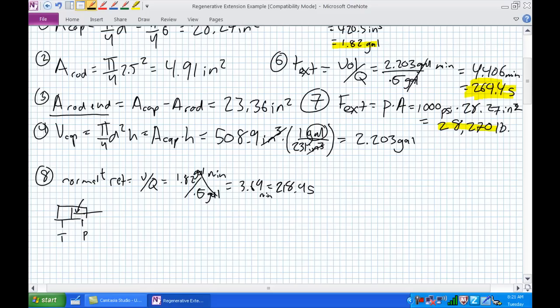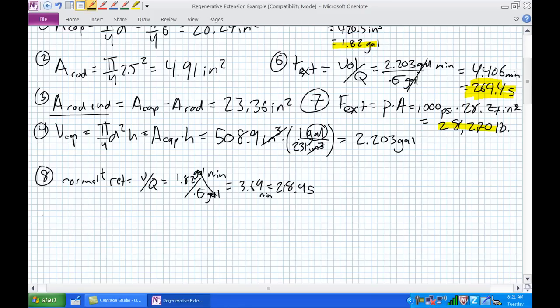Certain volume, 1.82 gallons, but if we increase the rod diameter, now there's less volume to fill up. Okay, so at a flow rate of 0.5 gallons per minute, you can fill this tinier space up faster.